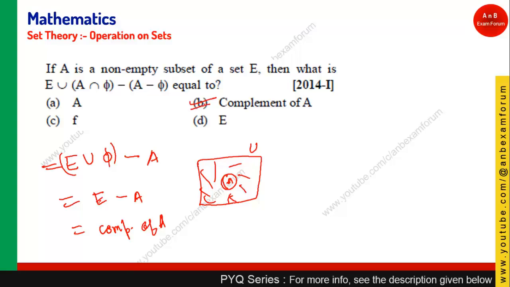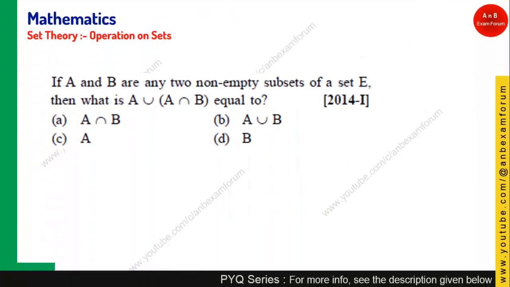Here the universal set is E. So option B, those who have given it, well and good, they are right. Let's see the next question.